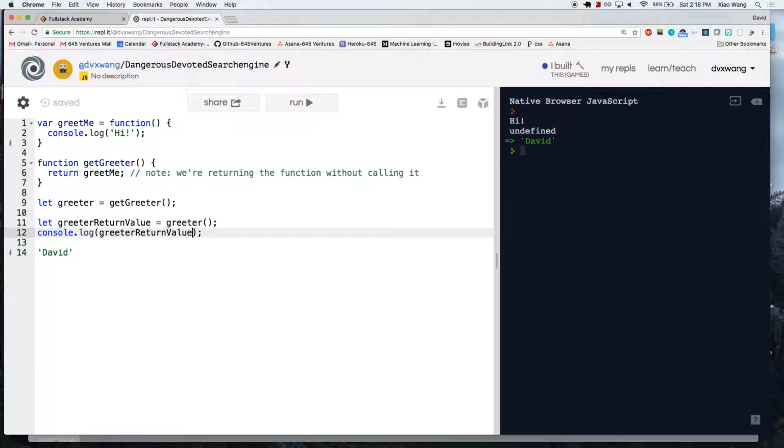Sorry, so line 6 returns undefined up here because the greetMe console logs something but it doesn't return anything. Is that why it's undefined? Line 6 is not, well, okay, so let's run through this. Line 9 says getGreeter. So when we invoke getGreeter, what is greeter equal to now? It's equal to what getGreeter returns, which is greetMe.